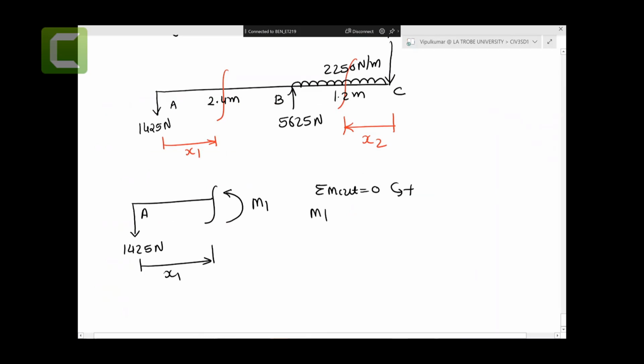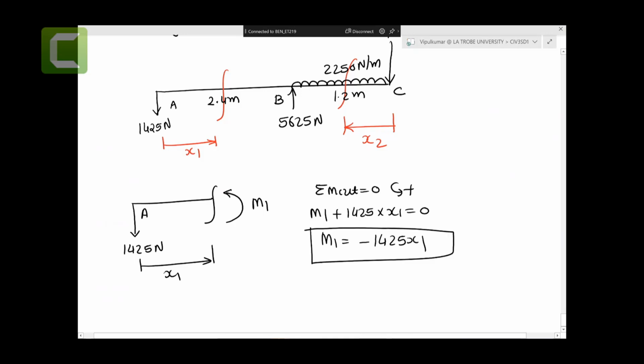M1 plus 1425 times x1 equal to 0. M1 equal to, let's put it in the bracket because we might need that one.